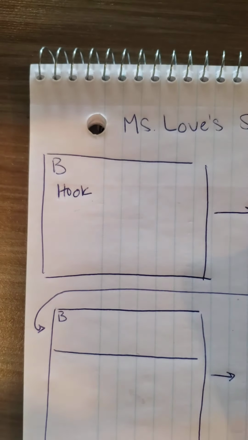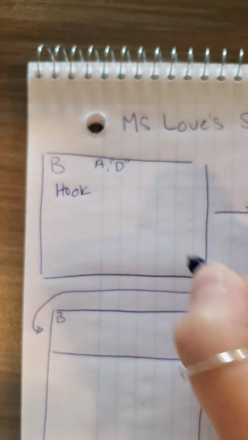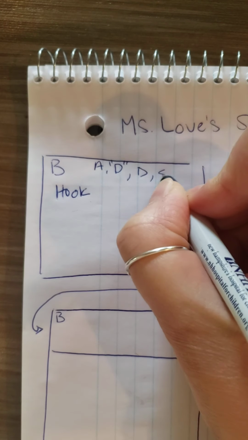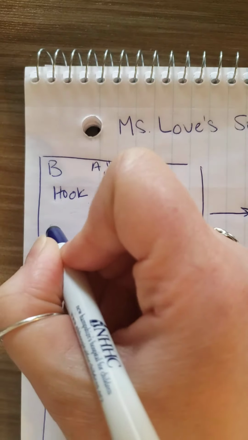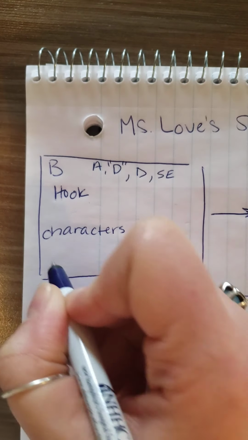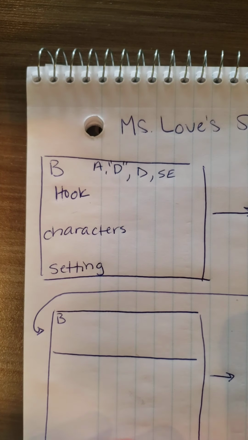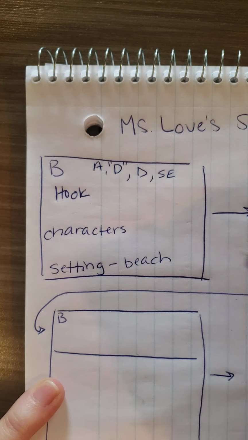And your hook can be an action, it can be dialogue, it can be description, and it can also be a sound effect. You also need to introduce your main characters and your setting in the beginning of your story. So for me, my setting is going to be the beach.